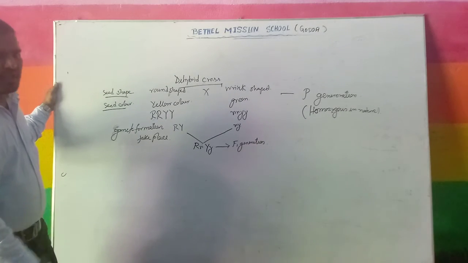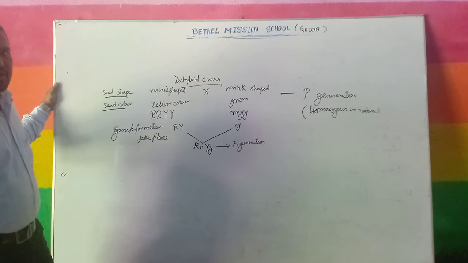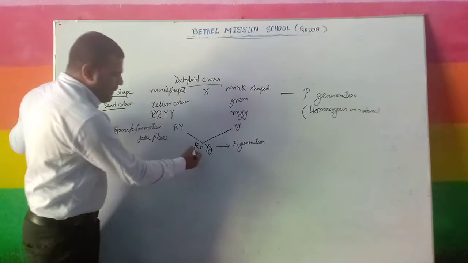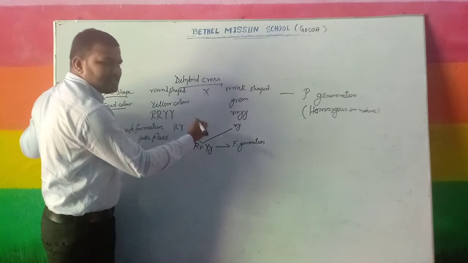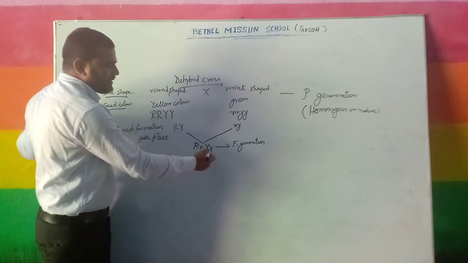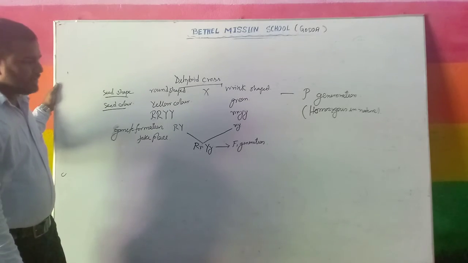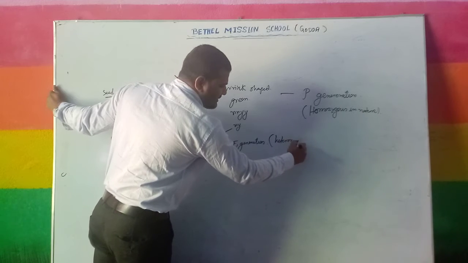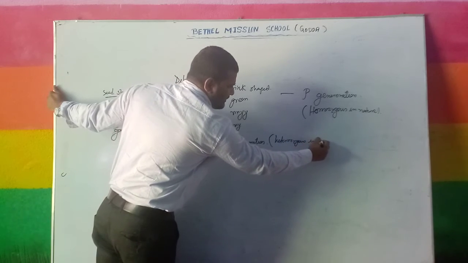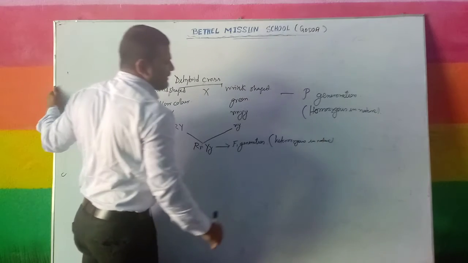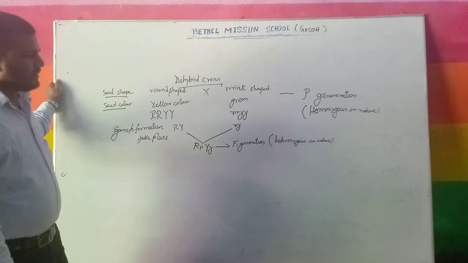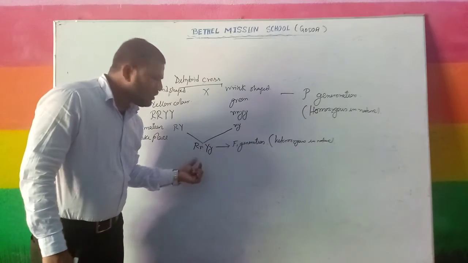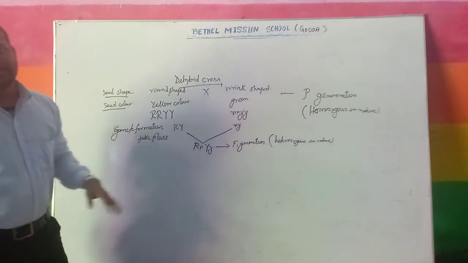Now the F1 generation, all the plants of the F1 generation contain the dissimilar factors. Capital R having its alternative factor the small r, and capital Y having the alternative factor the small y. So they are heterozygous in nature. Clear? Now, in heterozygous plant, some factor will be the dominant and some factor will be the recessive.